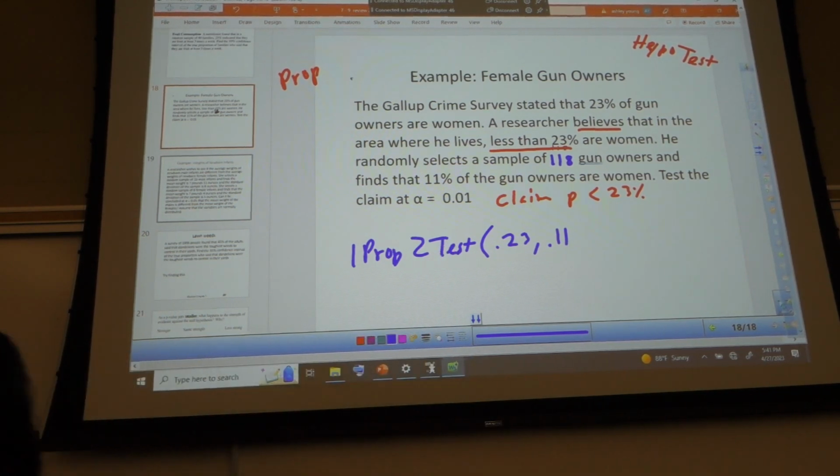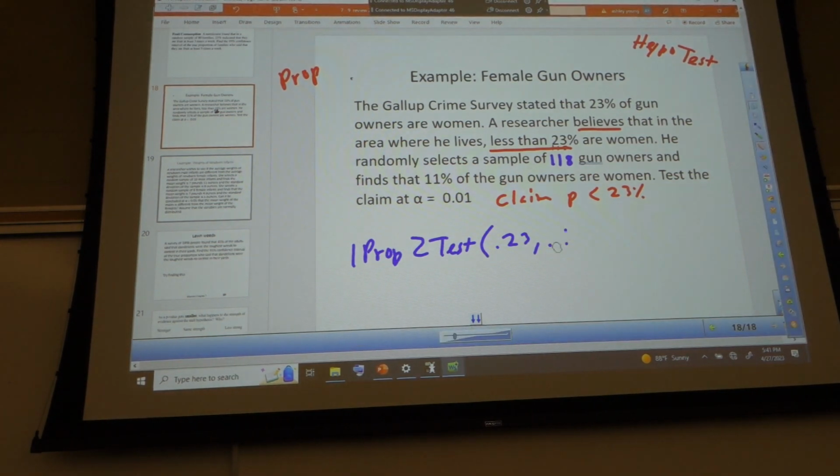So you have to figure out what your x is. x equals 118 times 0.11, and you get 12.98, and then round to 13. It has to be 13, because you cannot ask a fraction of a person. You have to use a whole number.